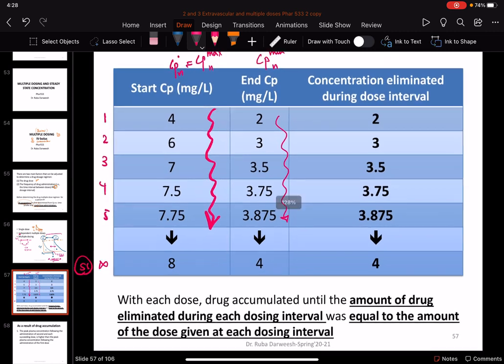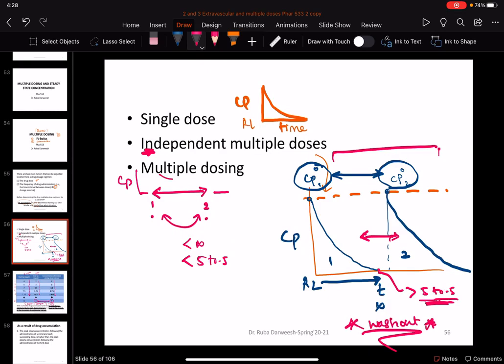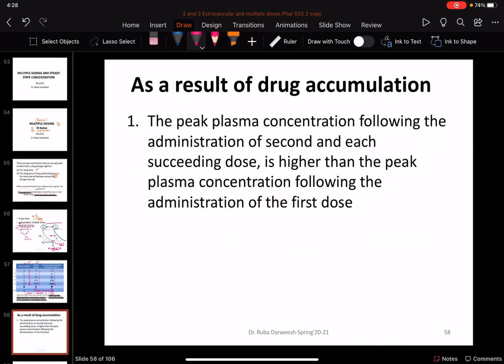And we notice that the concentration eliminated with time starts to be, at time infinity or at steady state, similar to the input. So as we talked about before, the output starts to be equal to the input, which is the definition of our steady state.